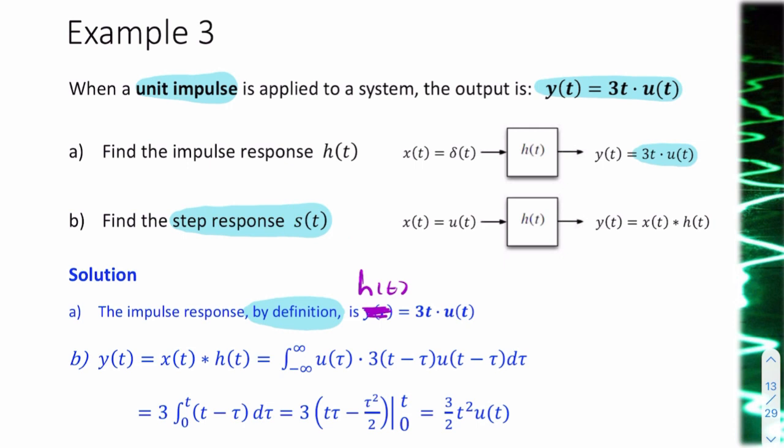Some books will differ, but in this module we'll use S of t to represent the step response. So the step response is the output response when the input is a step. So if the input is a step function, the output is called the step response.